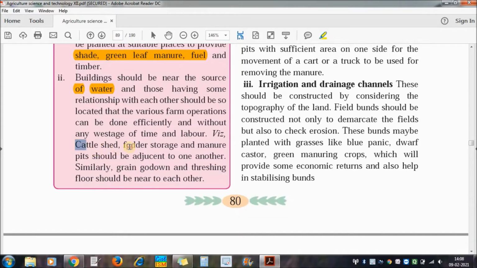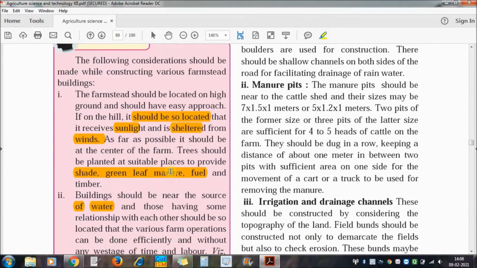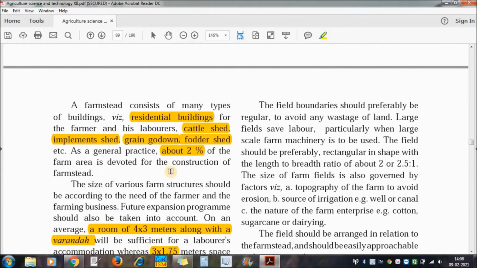Then the cattle shed, fodder storage, and manure pits should be adjacent to each other. We have to feed fodder to the cattle, so fodder storage should be close to the cattle shed, and whatever dung and urine we get from the animals in the cattle shed is to be taken to the manure pit. So these three constructions as far as possible should be close to each other.